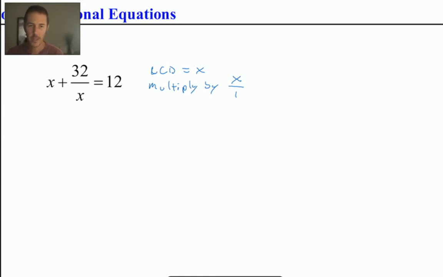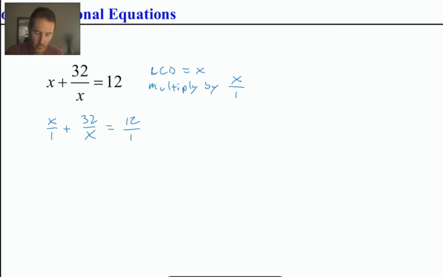So we're only multiplying x into the numerator. In order to really drive this home, I'm actually going to rewrite this equation real quick. I'm going to write it as x over 1 plus 32 over x equals 12 over 1. That's just the original equation, but that way it's all fractions.